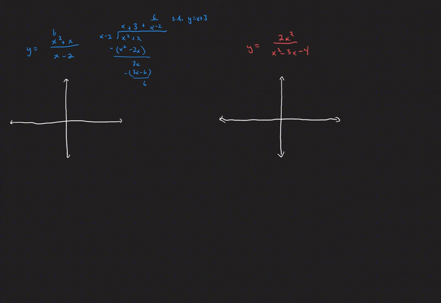We can see from the denominator that we're going to get a vertical asymptote at x equals positive 2. So there's our x equals positive 2. And let's see, our slant asymptote, we're going to go 1, 2, 3, and I'm going to go something like that.